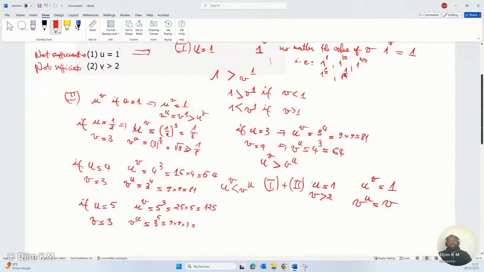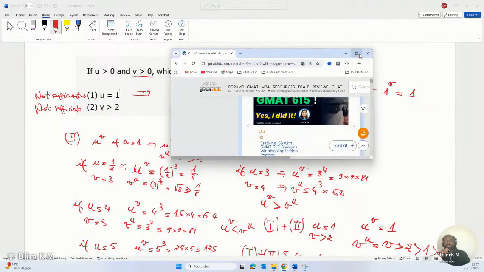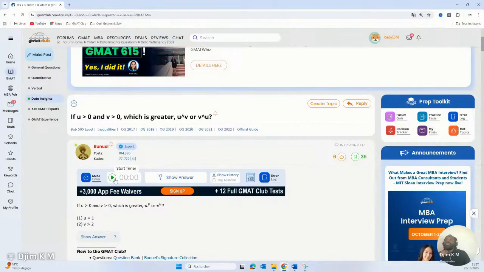And we know that v is greater than 2, greater than 1, so greater than u to the power v. Okay, so taking these two conditions together will be sufficient. So C.